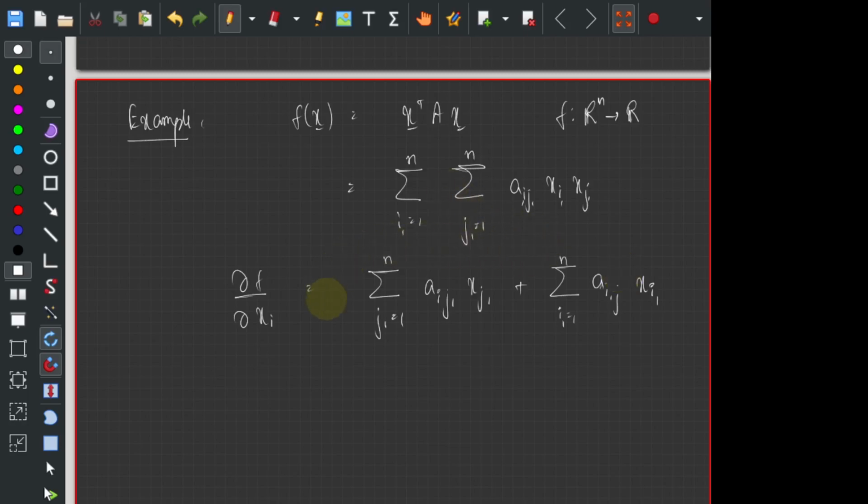So you can verify that this is in fact the partial derivative. But what is this equal to? This is a dot product of something with the x vector. It's a sum of two dot products.